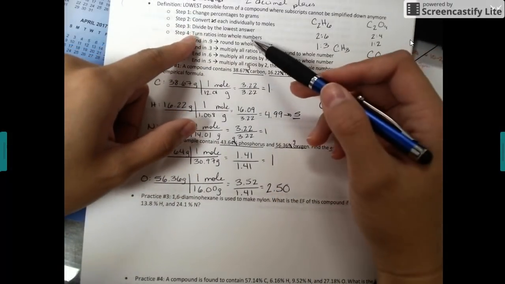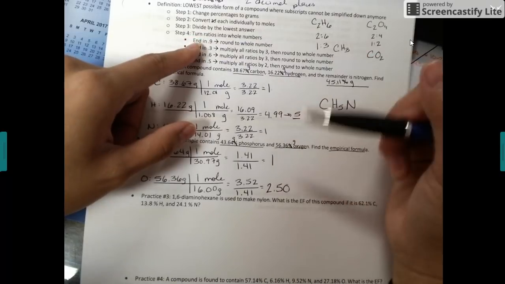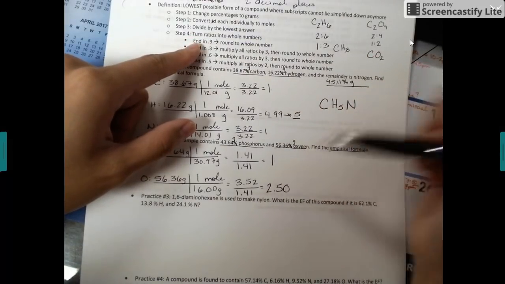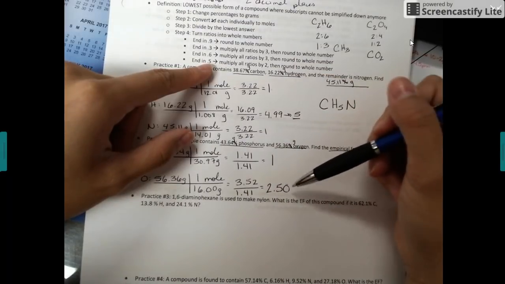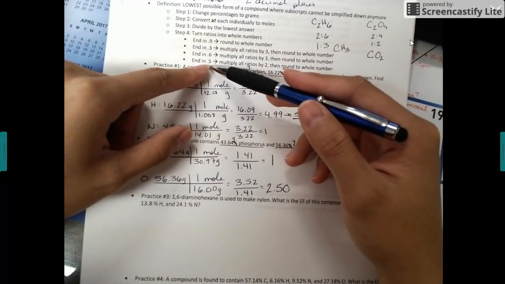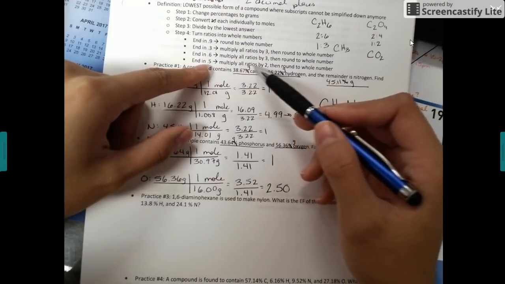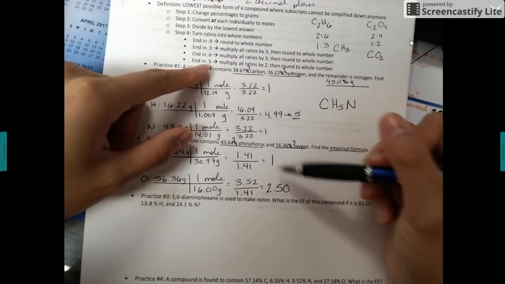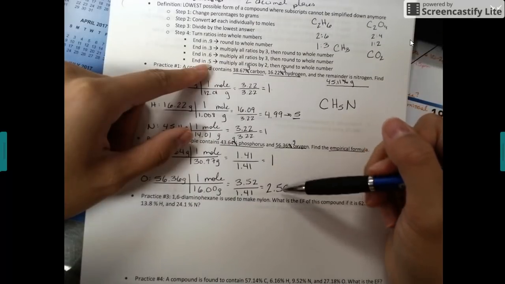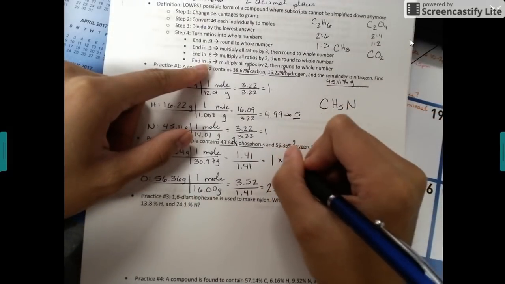Now it says, step 4, turn ratios into whole numbers. Well, 1 is already a whole number, so I leave it alone. And then I look here at 2.50. If it ends in 0.5, it says multiply all ratios by 2, then round to whole number. So I'm going to take all of these ratios and multiply them by 2 so that I can get a whole number out of it.